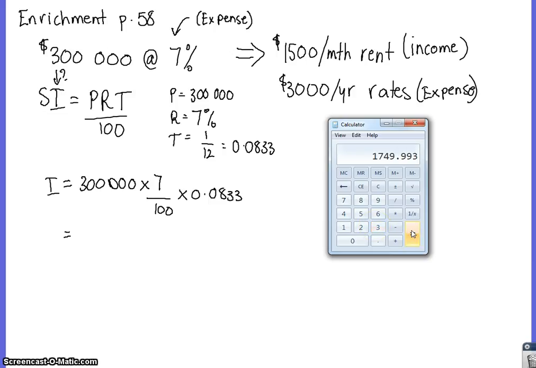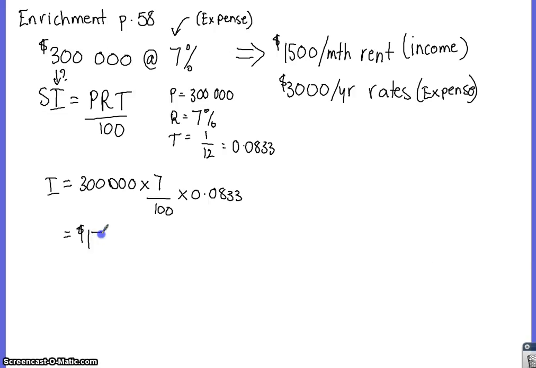And so what we're paying every month is $1,749.99, so $1,750. We're paying that every month to pay off this $300,000 loan. Does that make sense? Are you okay with that? Yep. $1,750 per month.